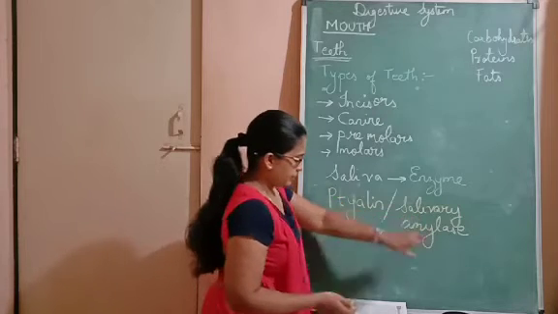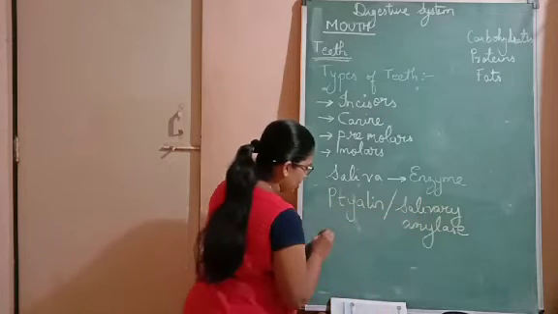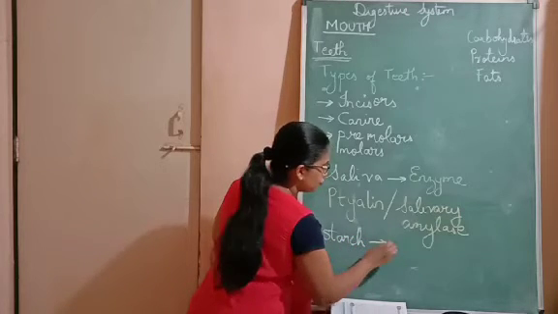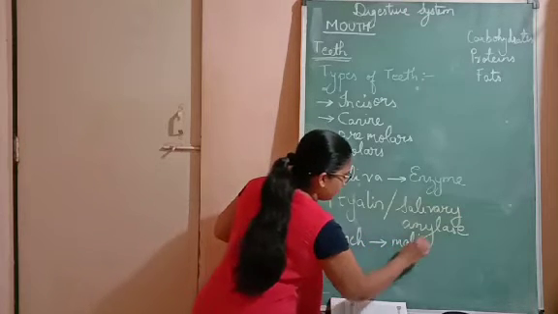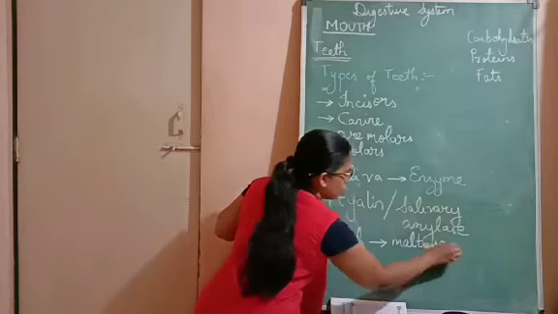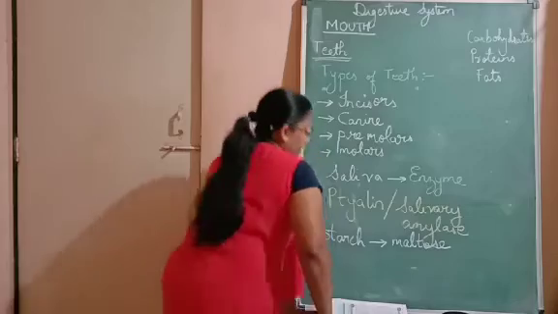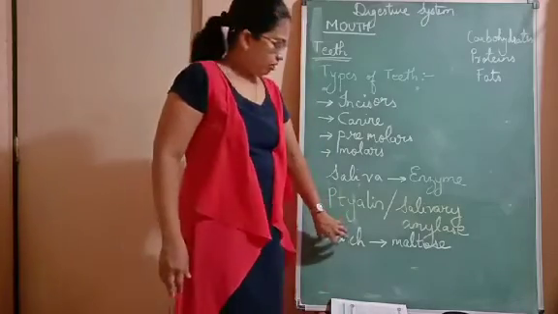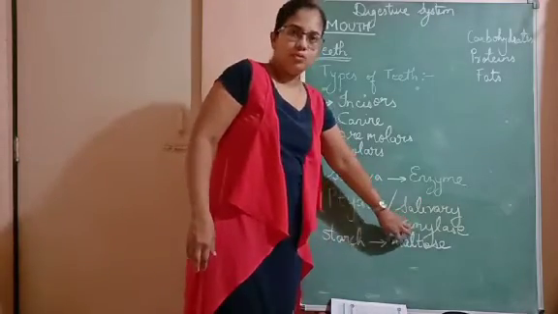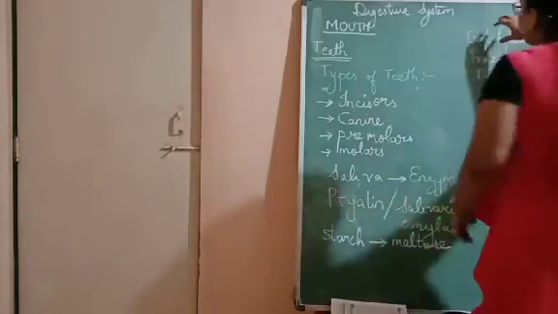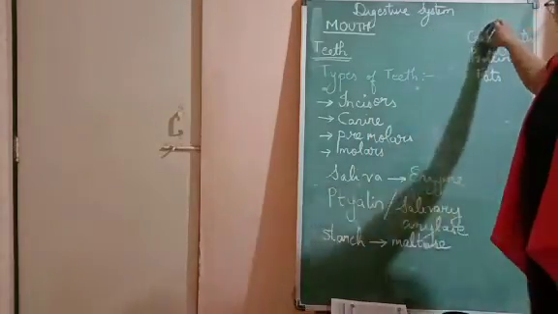This enzyme helps to break down starch into the simple sugar maltose, which can be absorbed by the body. Now the starch, which is a sugar, is broken down into maltose. So basically what is starch? Starch is nothing but a form of carbohydrate.